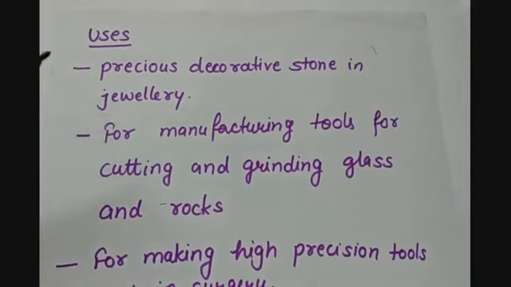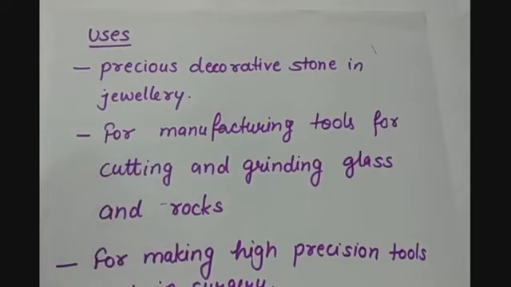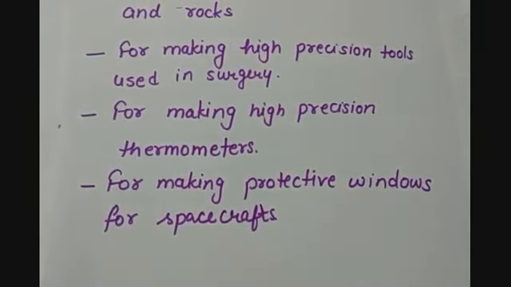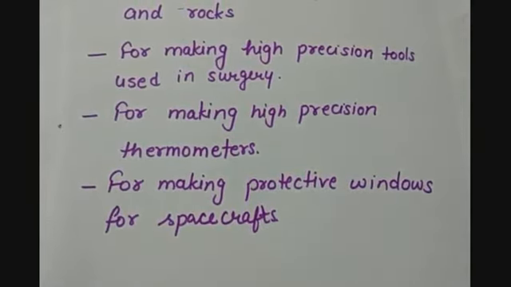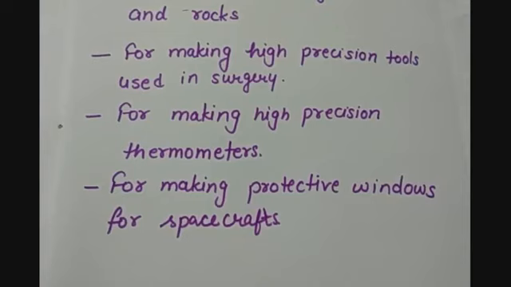Because of its hardness, it is used for manufacturing tools for cutting and grinding glass and rocks, because it is even harder than glass and rocks. It is also used for making high precision tools used in surgery, like the tools used in cataract surgery of the eye.